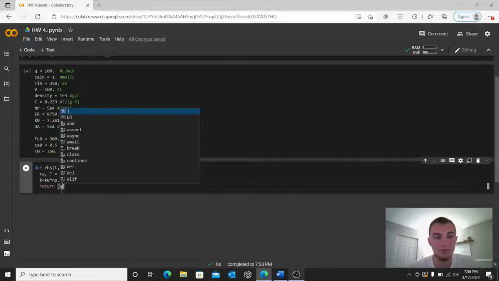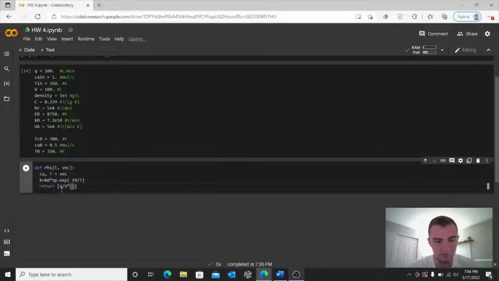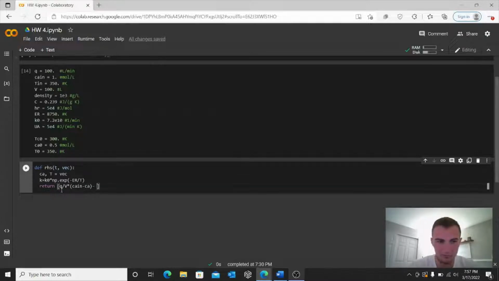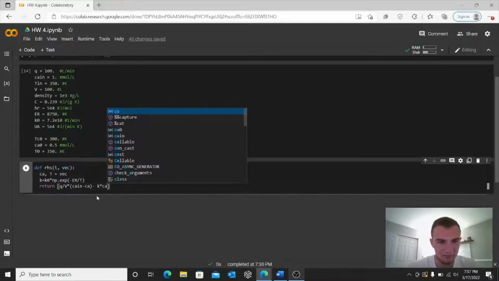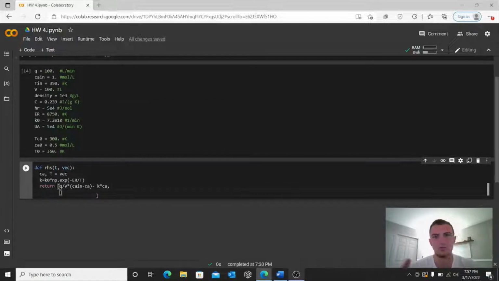If you remember, this is Q divided by V, multiplied by Ca in minus Ca, so the concentration of A going in minus the concentration of A leaving, minus our reaction here. It's K times the concentration of A, so K times Ca. Okay, and that is our first right-hand side, and I believe I have parentheses matched up.